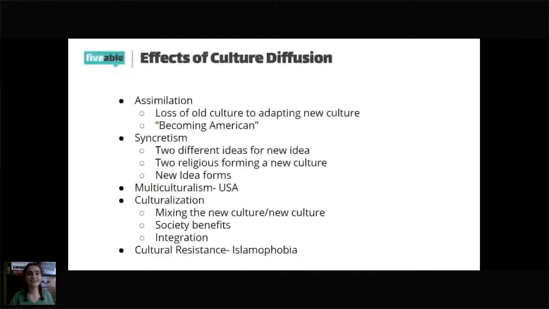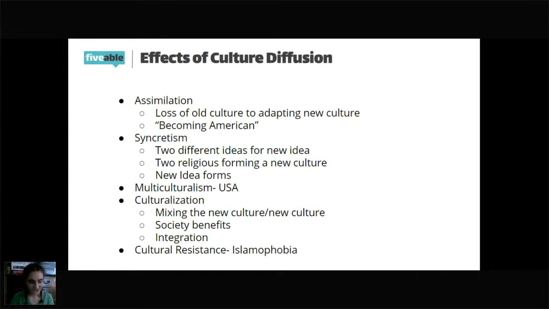And cultural resistance is another effect of cultural diffusion. Cultural resistance is basically the rejection of the spread of a specific culture. I think a modern example of that would be Islamophobia, which basically means fear of Muslims or of Islam, right? I don't want to go into anything deeper.